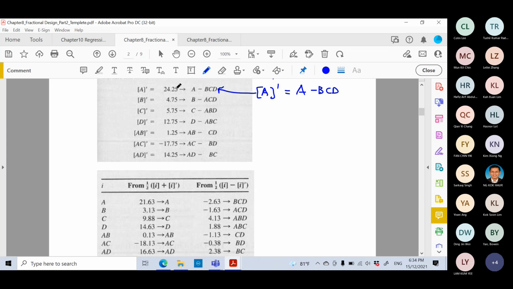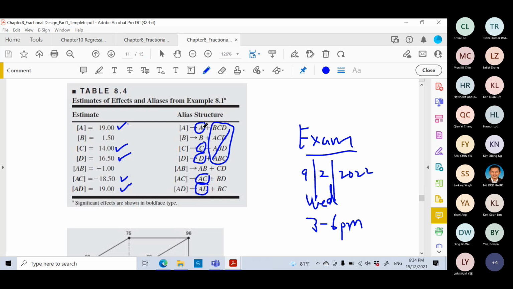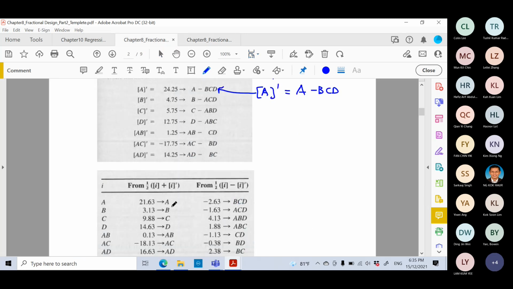You get 24.25. So if you total out the first one, this part plus the alternate part, then the BCD will cancel off. So your A will actually be the average value of here. So you will get 21.63.